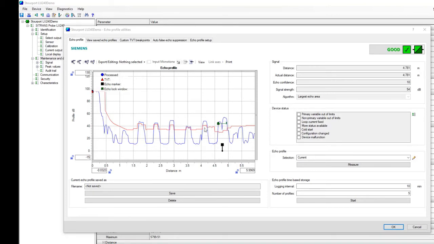What we can affect by moving this red line is the area of the echo, and that's what we're doing here by moving that red line. It was just to show you it's all about the scoring mechanism behind this algorithm and how much of the signal is above the red line.